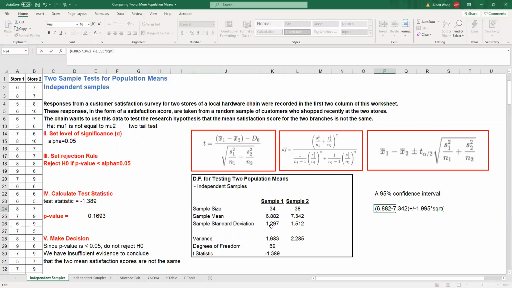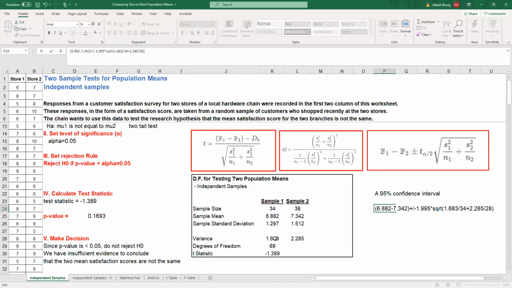So you should take 1.683 divided by the sample size, which is 34, plus 2.285 divided by 38. Notice that I'm using the variances 1.683 and 2.285.